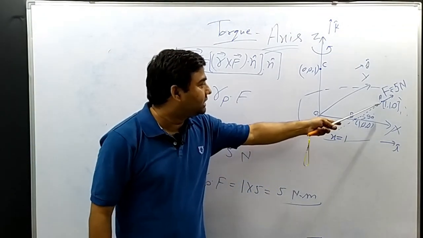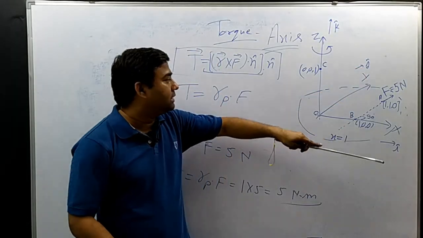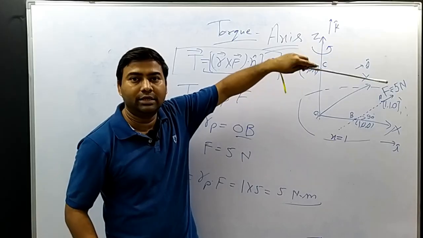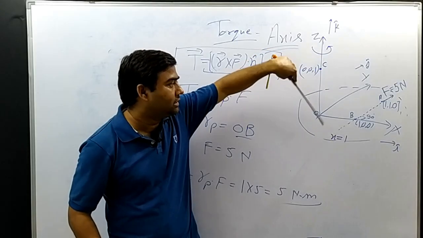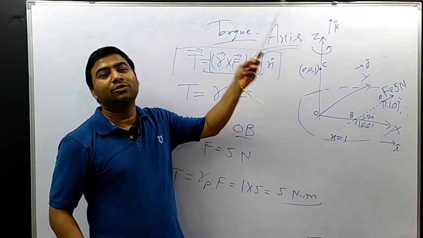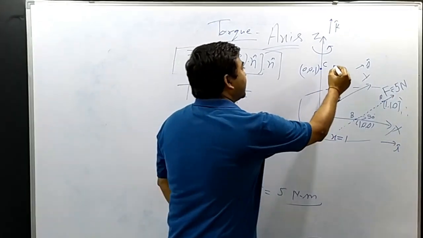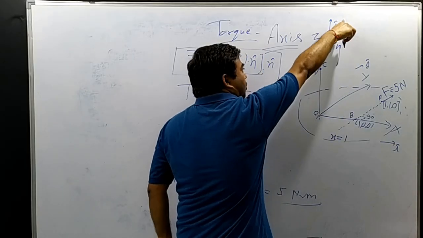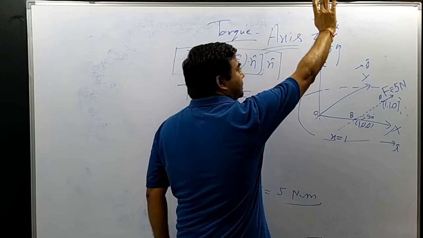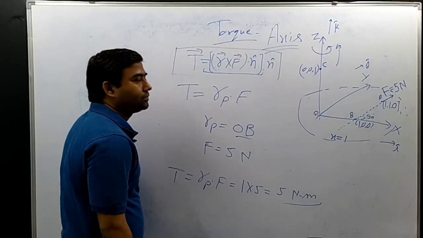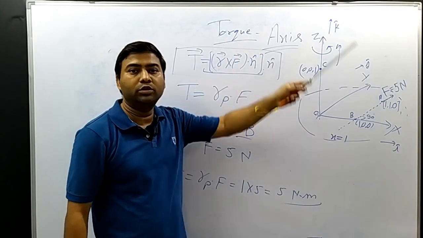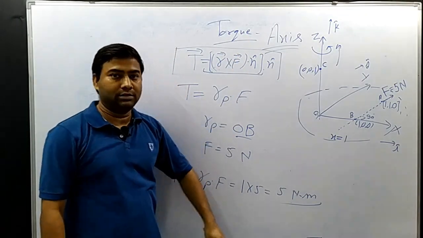Now this force you can easily see is in this direction. If you see from the top, it will rotate the body in the anti-clockwise direction. That means the direction of torque will be towards the pivot, that is upward, because you are seeing from the top. So magnitude is this and direction is the positive direction of the z-axis.